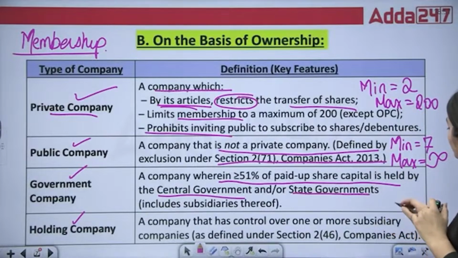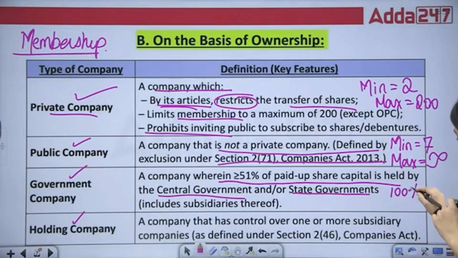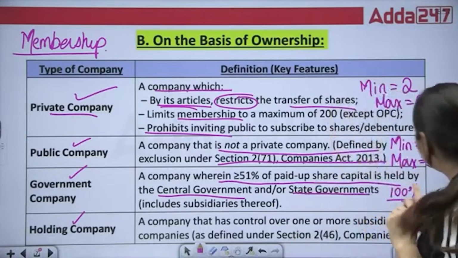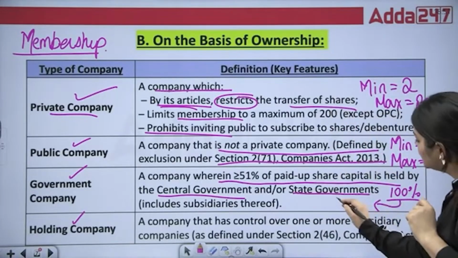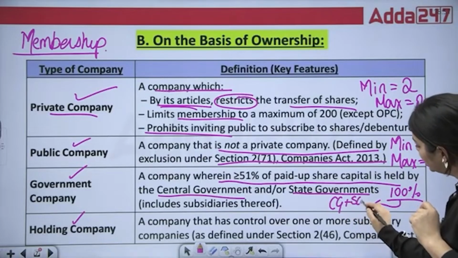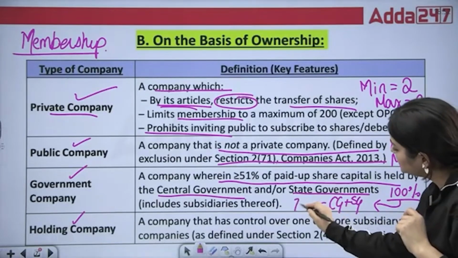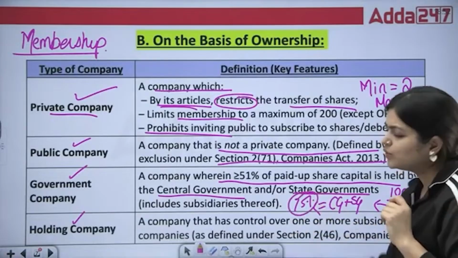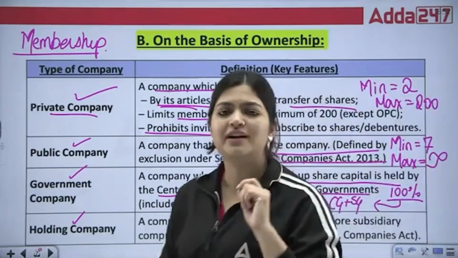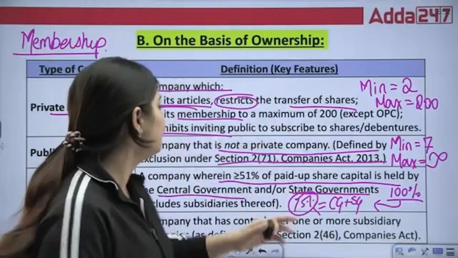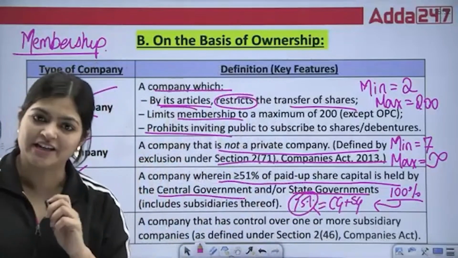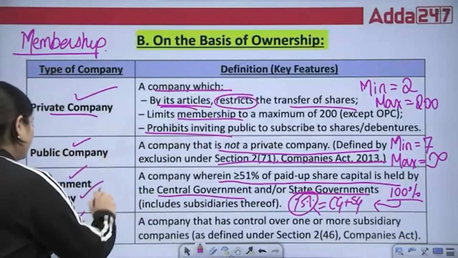Means if you are holding 100% paid up capital, means you are the owner. Yes, but in this, here is your central government and state government. Now, if they are holding, suppose 75%, so who is going to take the decision making? Who is going to participate? Who is going to lead there? Of course, central government and state government. So this is about government company. Yes.